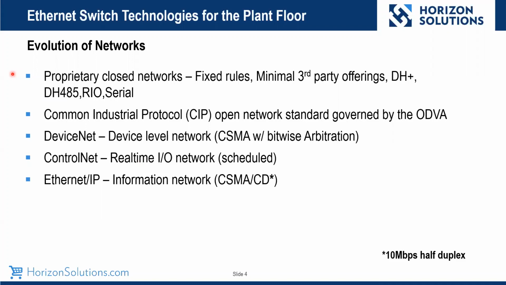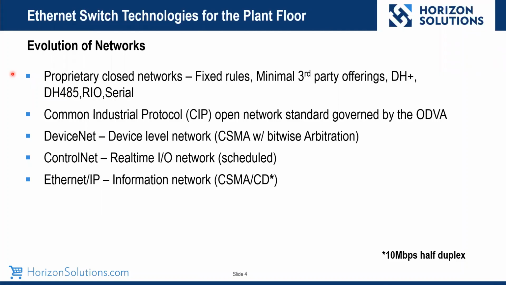When the open networks came out, the ODVA had the CIP protocol, which had DeviceNet, ControlNet, and EtherNet/IP. So DeviceNet was the device level network for our devices, and that was carrier sense multiple access, but the bitwise arbitration always allowed the packet with the higher priority to go through, so it wasn't destructive.